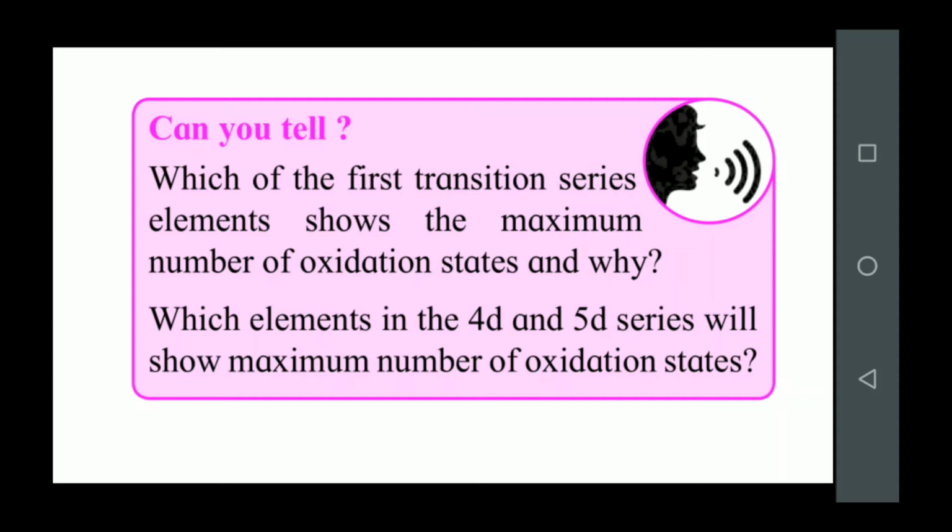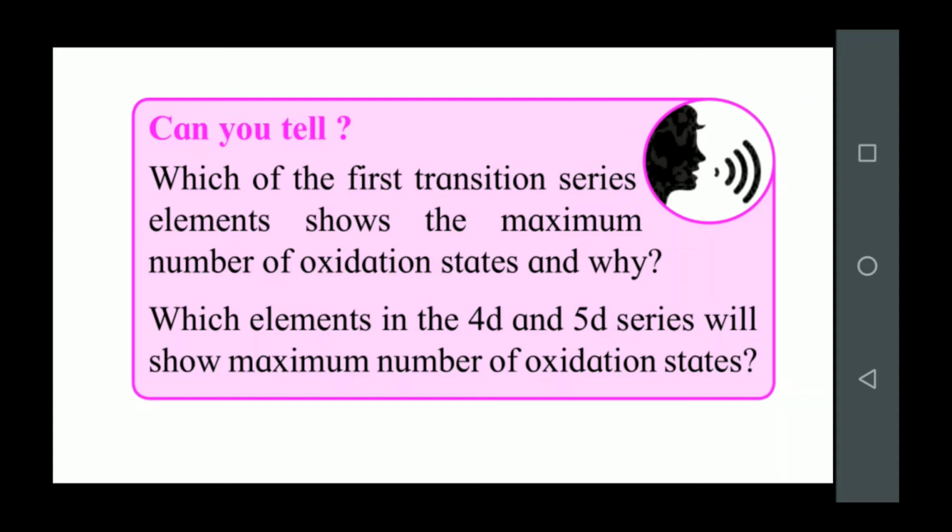Students, when you analyze the variable oxidation states of all the transition elements, you will find that there are some elements in each row which will exhibit the maximum number of possible oxidation states, and these elements you'll find will come approximately in the center of the series.